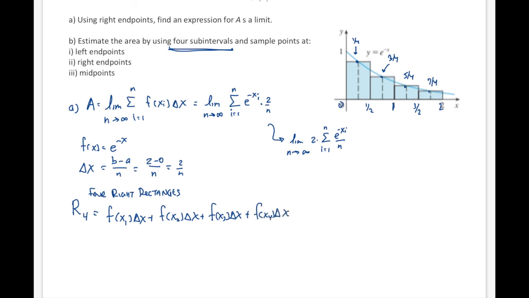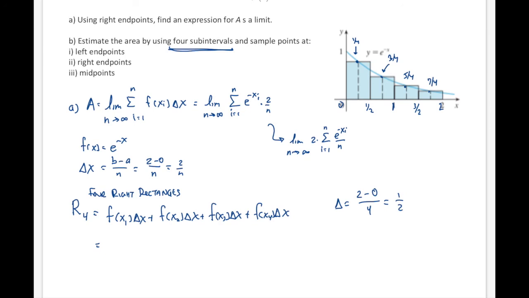But 4 rectangles. Now, looking at our endpoints on the right side, the right side of the first rectangle is 1/2. The right side of the second rectangle is 1. The right side of the third interval is 3/2. The right side of the fourth is 2. Our delta x is going to be 2 minus 0 divided by 4, and we can see that above.